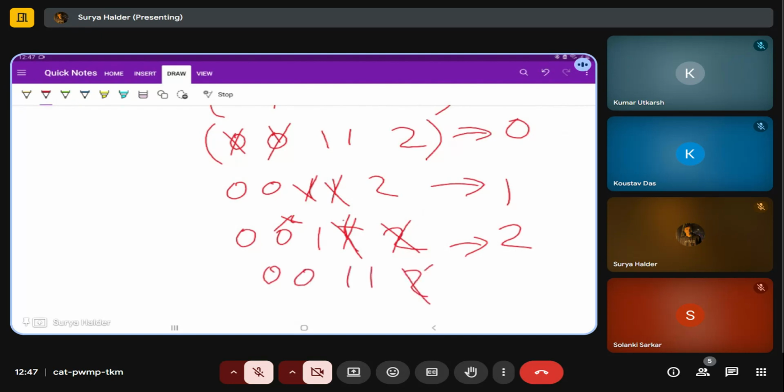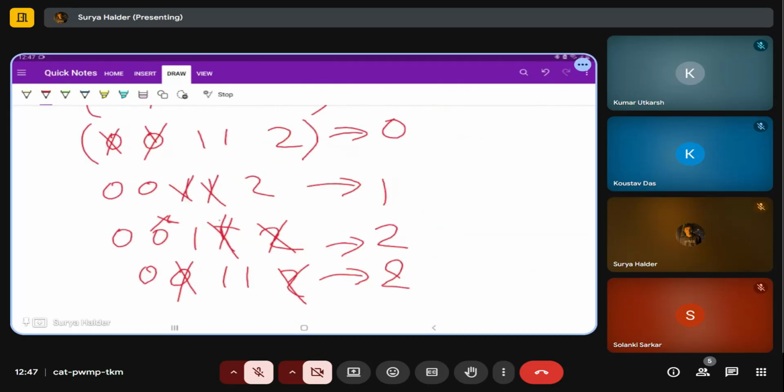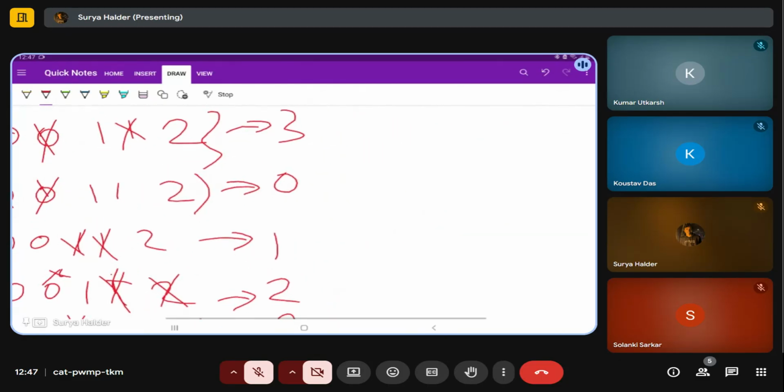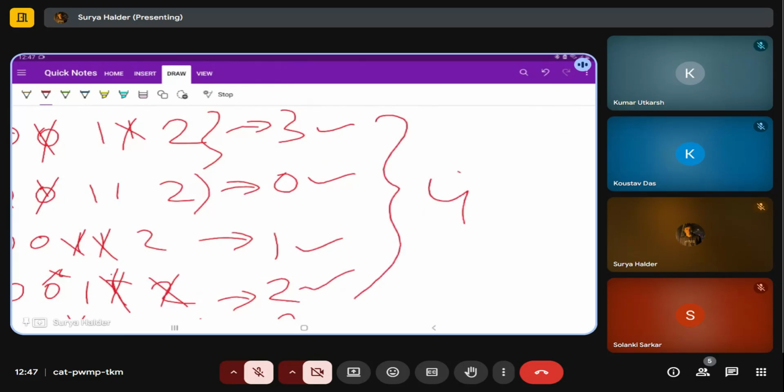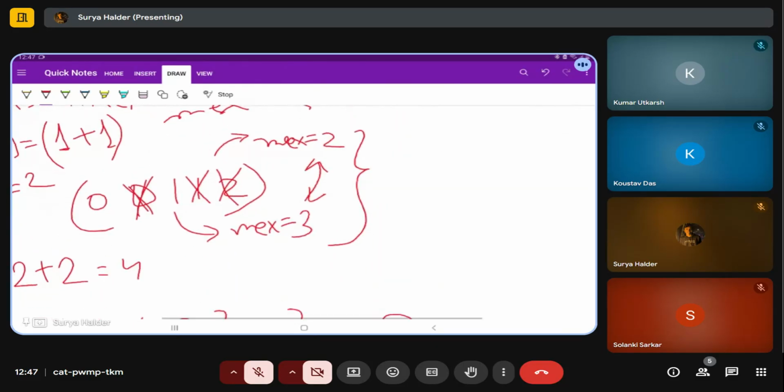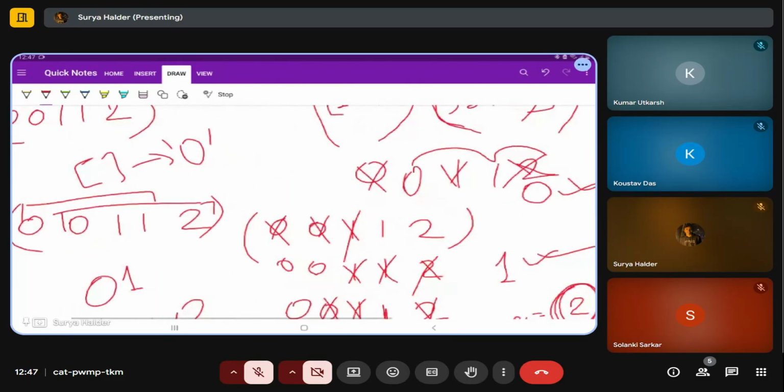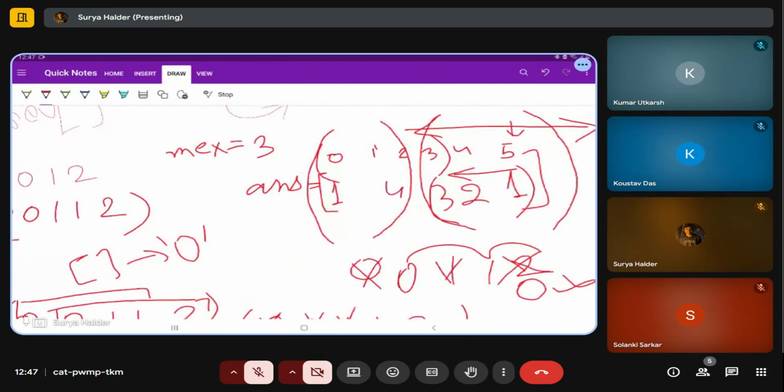If you remove this 0, then also you will be having your max left as 2. So how many unique max are we getting? 3, 0, 1, 2. So we are getting 4 unique max. So for k is equals to 2 removals, my answer is 4. And for this, the answer is 2.